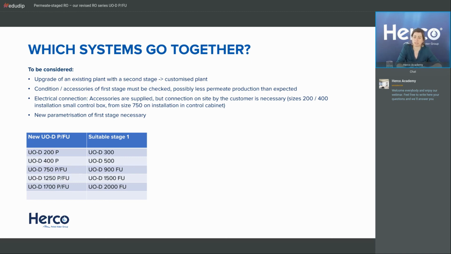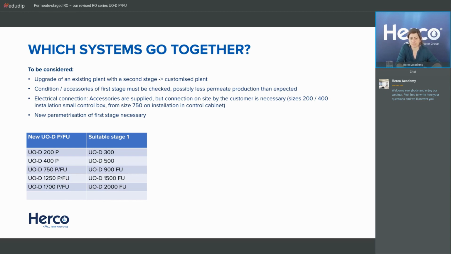Do you have maybe HR membranes, high rejection membranes, which means you have less permeate production than a normal unit? We need to check if you have a variable frequency drive on that existing unit, which would also give you more flow rate than without one. So this is something that needs to be checked, and that's why we prefer to have this as an inquiry to the sales team.